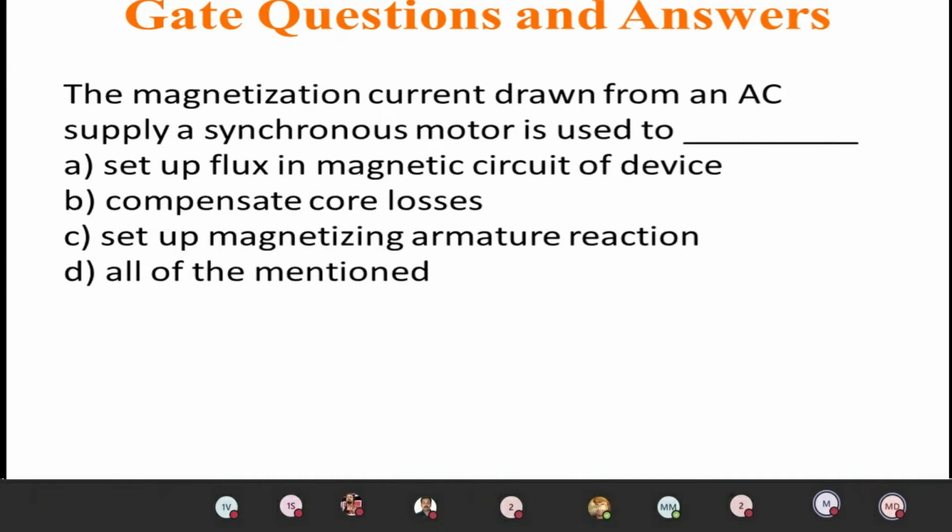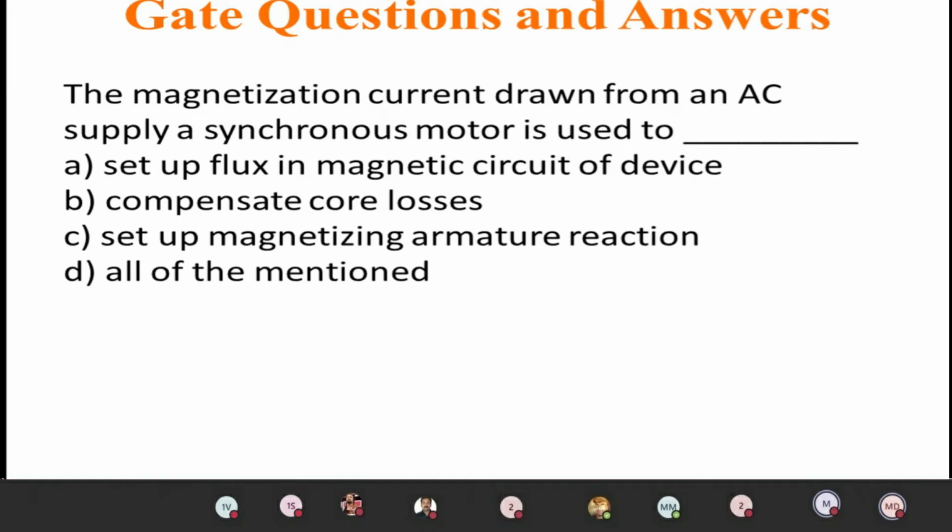So next question: the magnetizing current drawn from the AC supply by a synchronous motor is used to: option A, set up flux in the magnetic circuit of the device; option B, compensate for loss; option C, set up magnetizing armature reaction; option D, all of the mentioned.